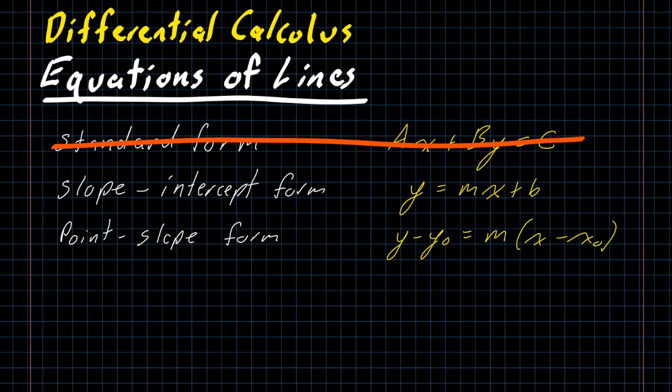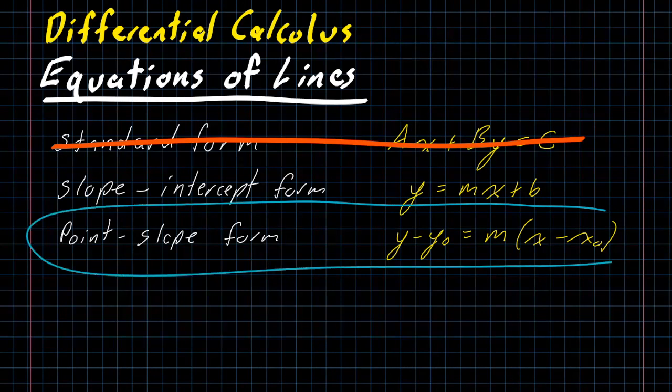Slope-intercept form, sometimes also called function form, is going to be our end goal, but point-slope form is the one that is going to be the most important to us in this course.